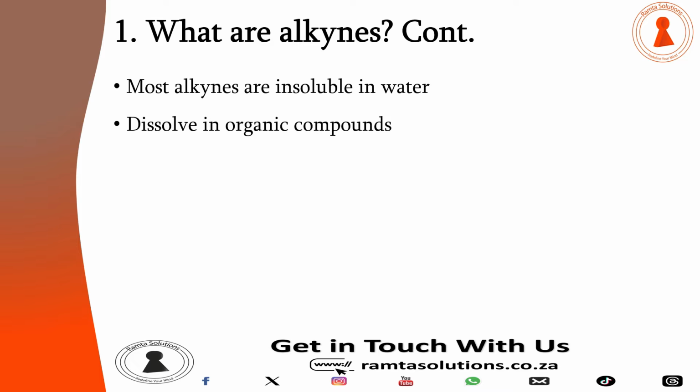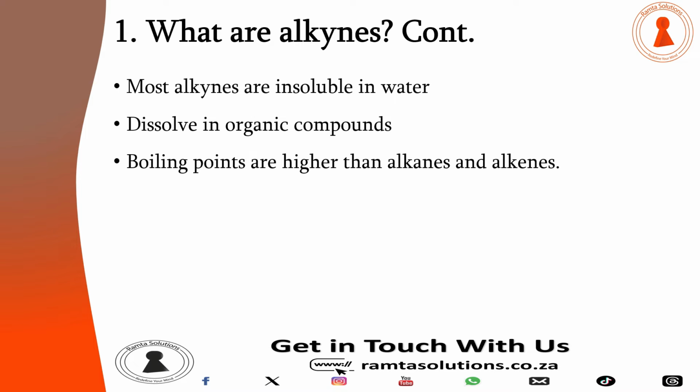And that triple bond makes it difficult to break. Therefore, they have boiling points that are greater than alkenes and alkanes. By virtue of that triple bond, they have boiling points higher than all the hydrocarbons that we dealt with.